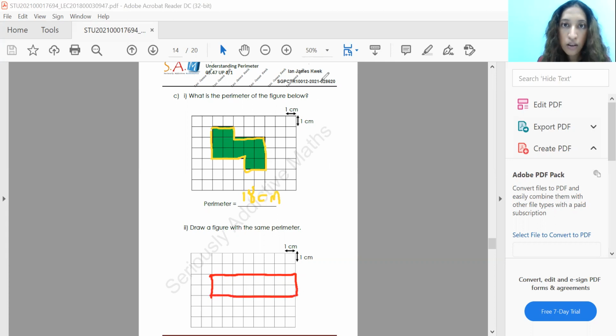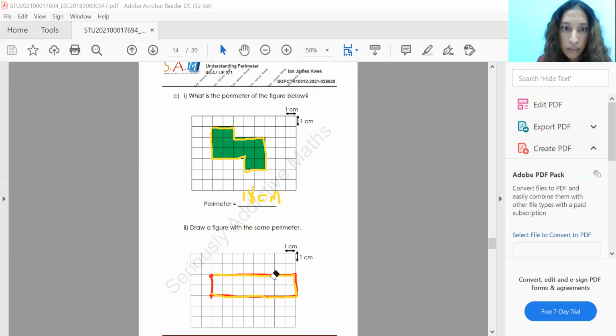Okay, so let us count. 1 to 17. Okay. Then 1 to 18.